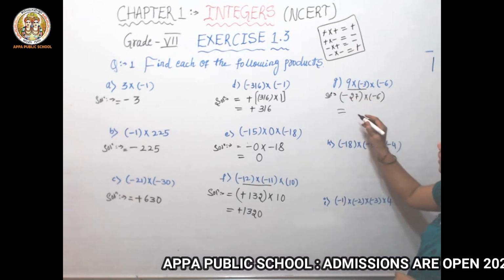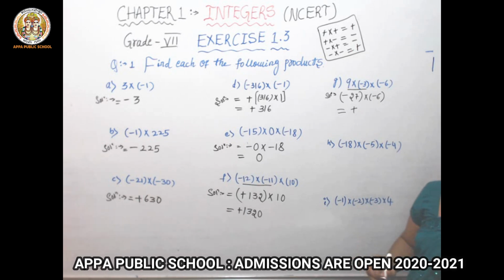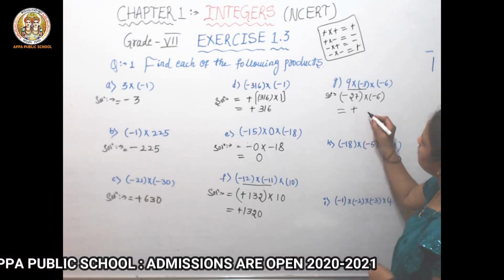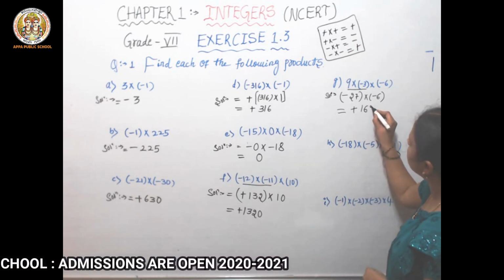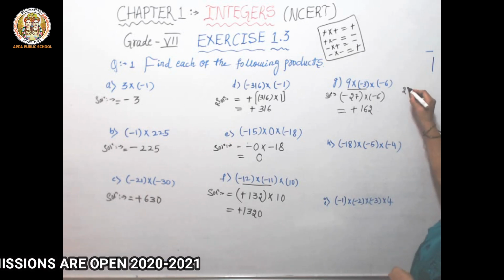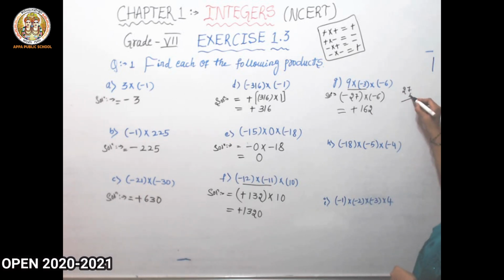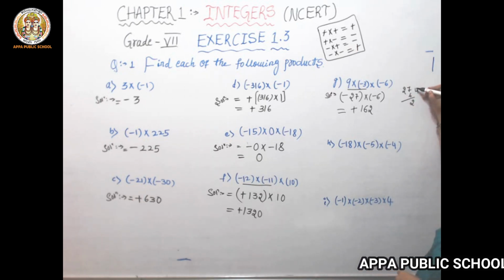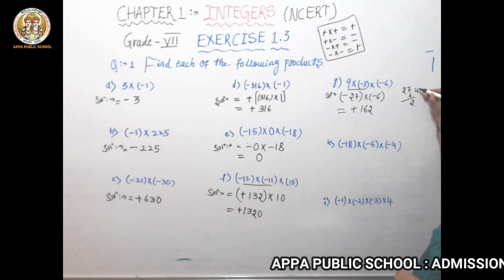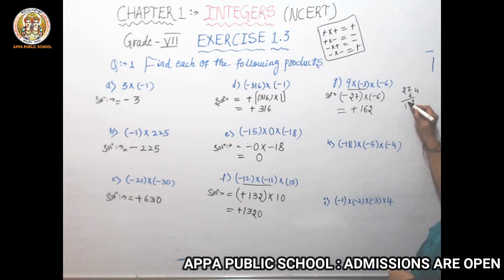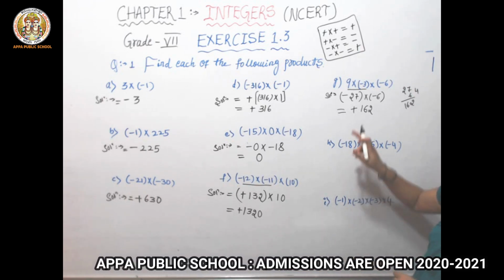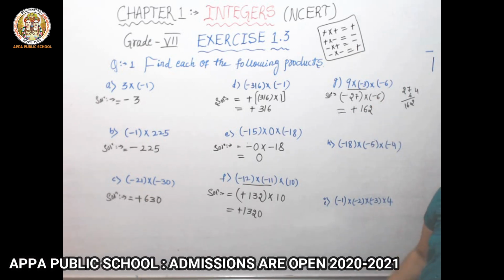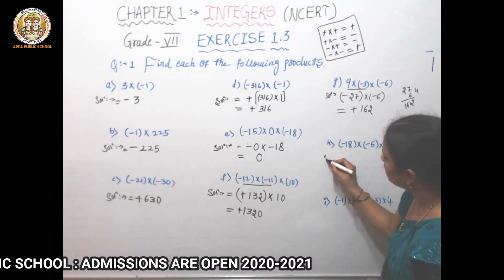Now minus into minus is plus, 27 into 6 is 162. That is 6 7s are 42, 6 2s are 12, 12, 13, 14, 15, 16. So it is 162. Now it is minus into minus as plus. The next one.